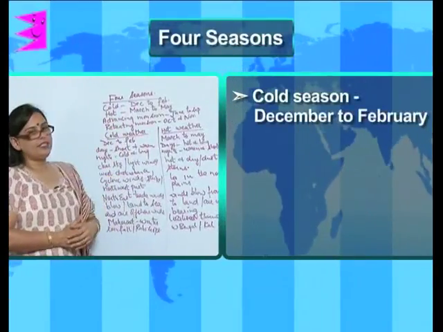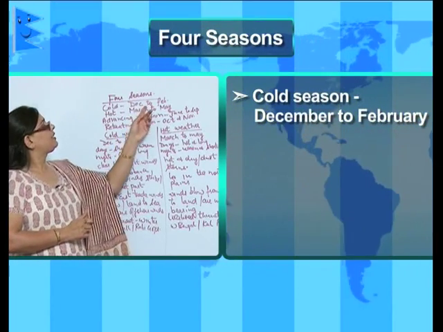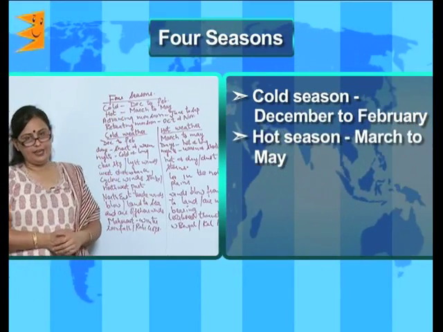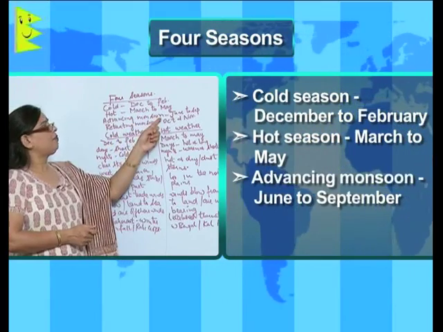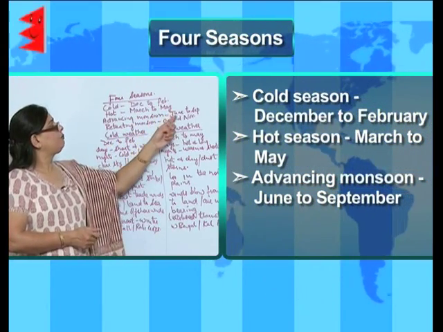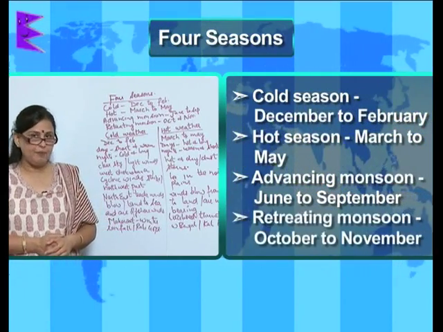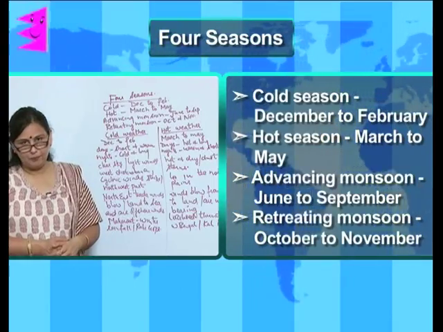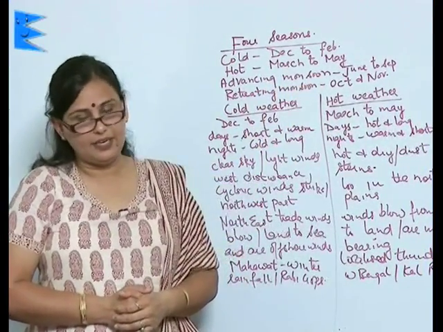The cold season is experienced in India from December to February, whereas the hot season is from March to May, and the advancing monsoon starts from June and continues till September, and the retreating monsoon is from October and November. Well, these were the months of the seasons in India.